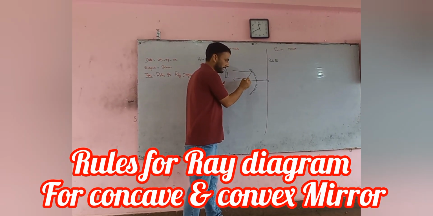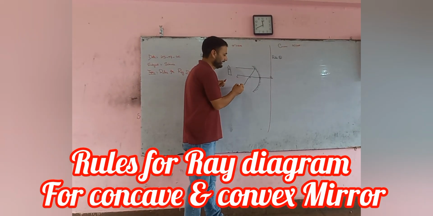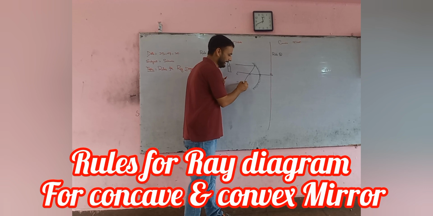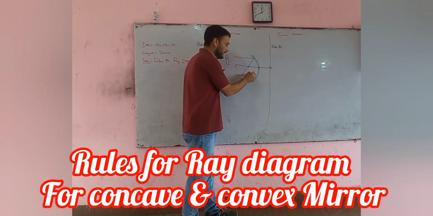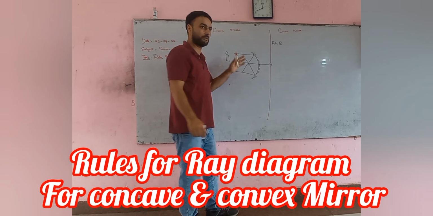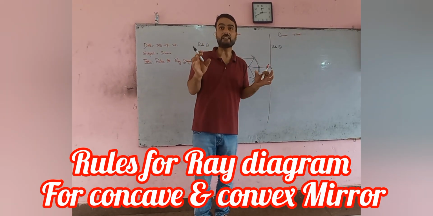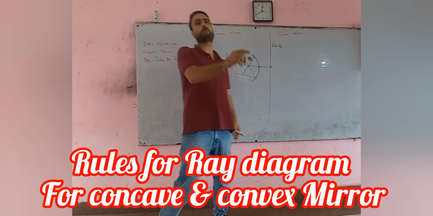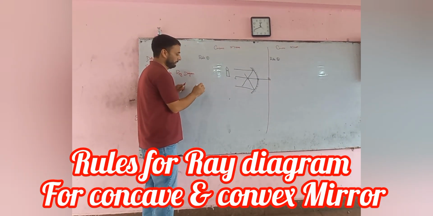This point is known as the principal focus. This is rule number one. If we take one more incident ray on this side, after reflection it will also pass through the principal focus. That is why a concave mirror is known as a converging mirror, meaning reflected rays converge at the principal focus. This is rule number one.